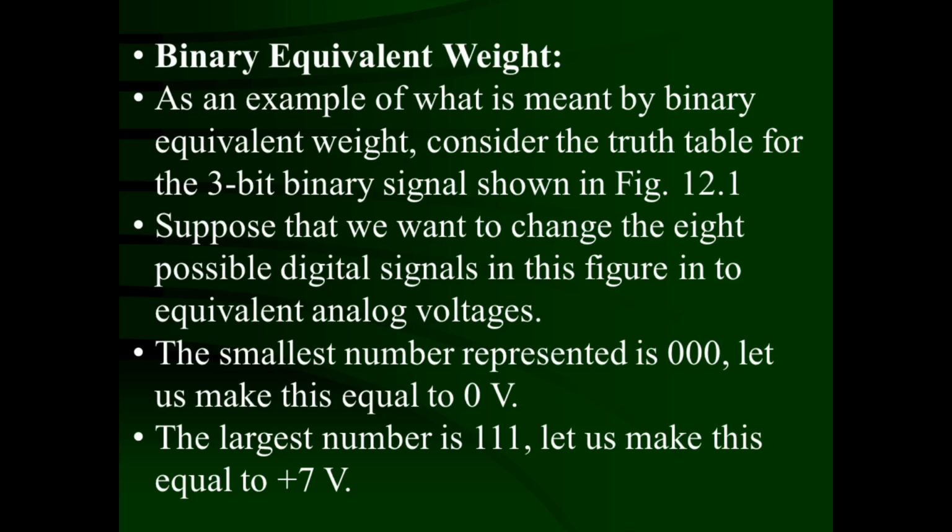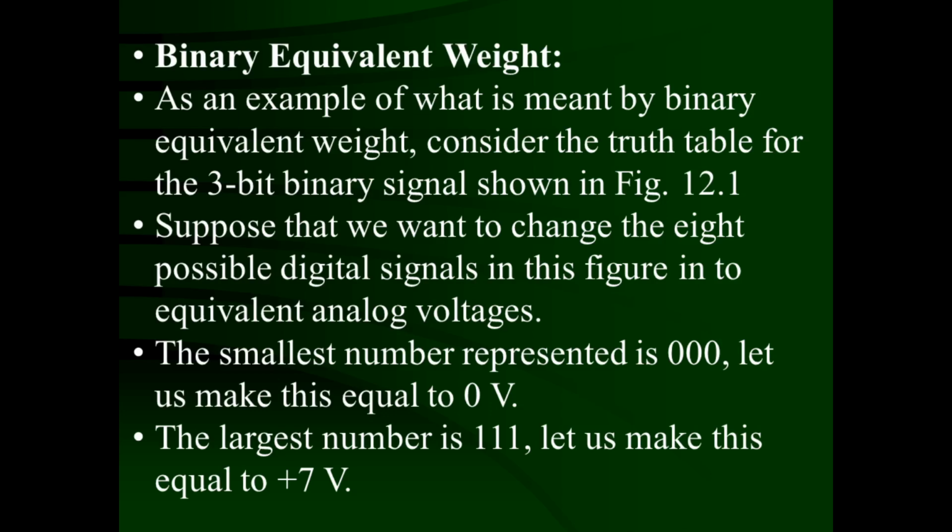So if the digital voltage level is V, corresponding to the position of the digital signal in a binary number, its equivalent weight is going to be different, and that we want to find out. As an example of what is meant by binary equivalent weight, consider the truth table for the 3-bit binary signal shown in figure 12.1.